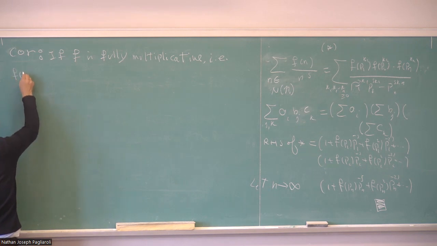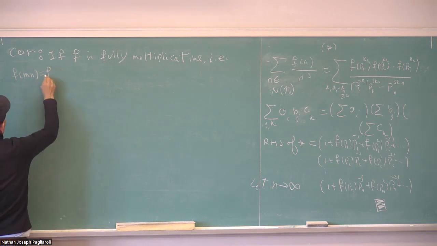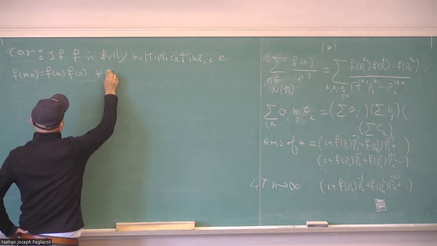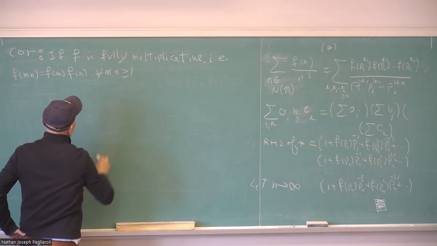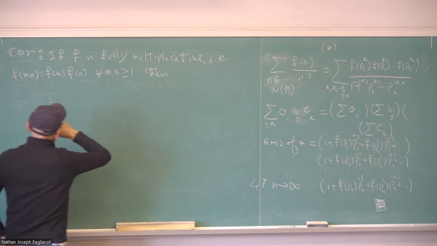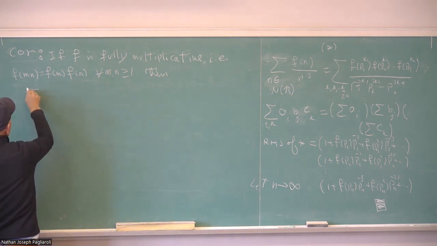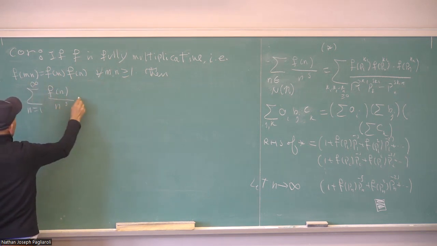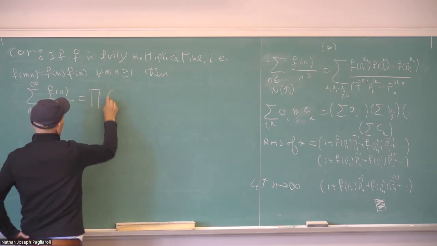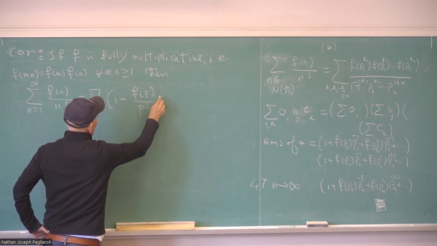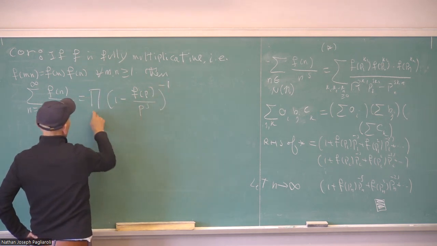Then the sum of f of n over n to the s, from n equals 1, is equal to the product over p of 1 minus f of p over p to the s, to the power minus 1.